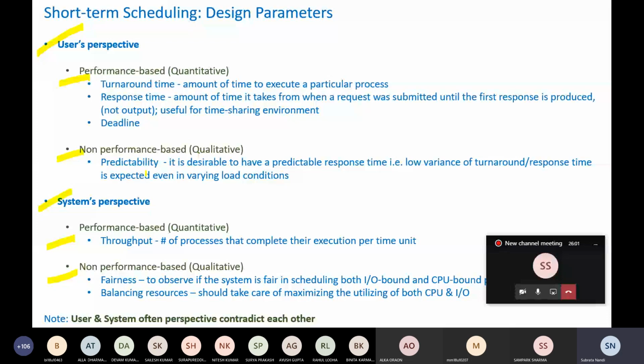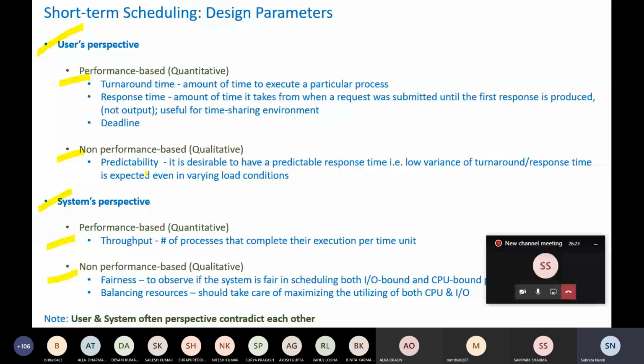Now think of the case that there are say 5 users currently logged on to a Unix or Linux server, and one of them is executing a very computation intensive code. It's a simulation code, with almost no interaction, and 4 of them are trying to run some kind of interactive menu based programs.